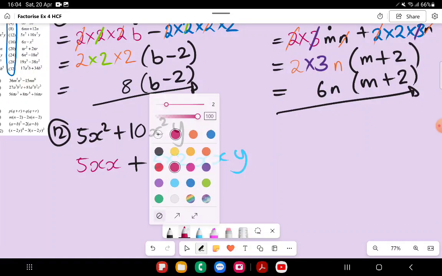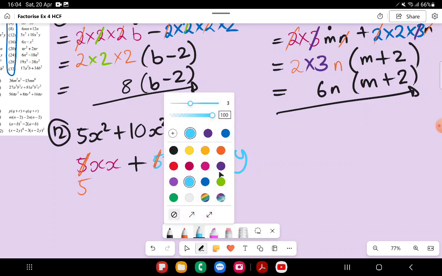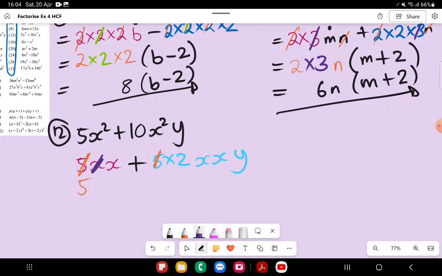Now I can take out my common factors. So I have 5 in common, and then I have x in common, x, and I have another x. So I've now taken out what is in common. Open bracket. Now what remains? All of these have been taken out.